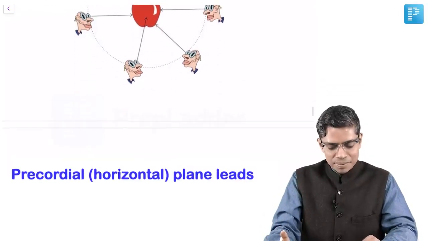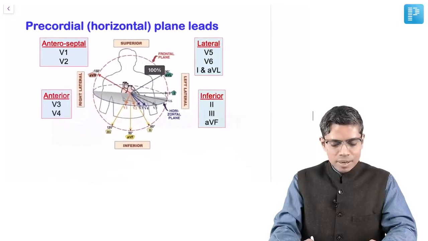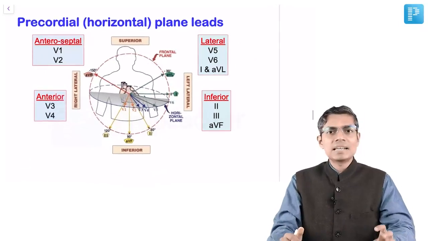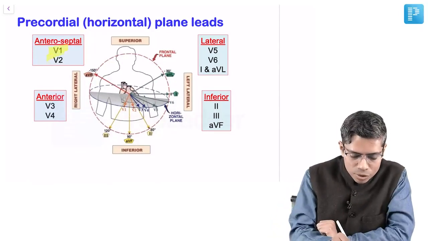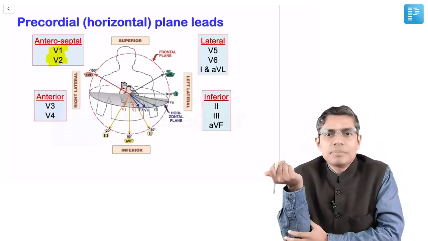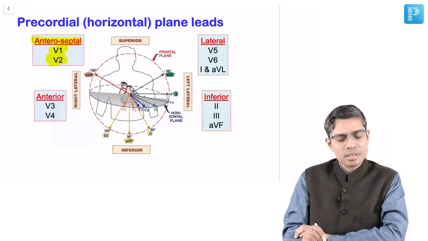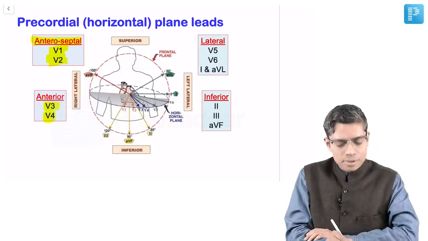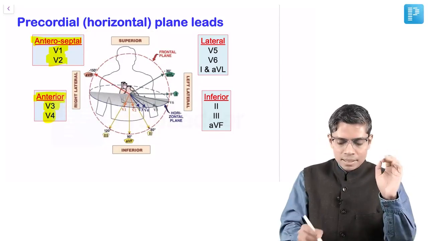So I have to remember which wall will be recorded by which lead, right? Suppose I am getting an ST elevation in the V1 and V2 leads, then which wall is damaged? The anteroseptal wall is damaged. Similarly, if you are getting changes in V3 and V4, then it is giving information about the anterior wall, right?